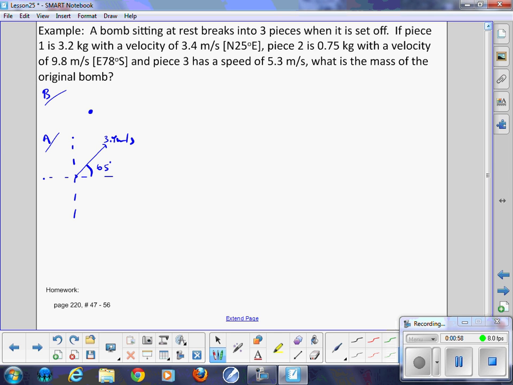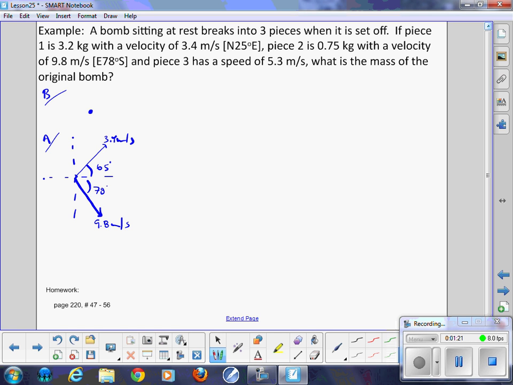Piece two is 0.75, velocity east 78 degrees south, and it's traveling at 9.8. And finally, piece three has a speed of 5.3 meters per second.